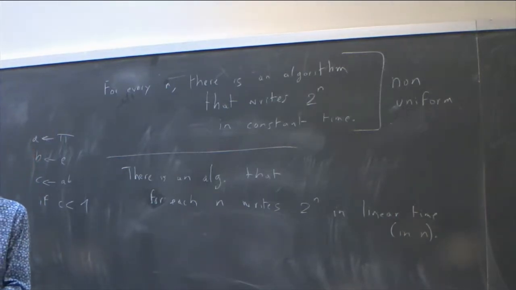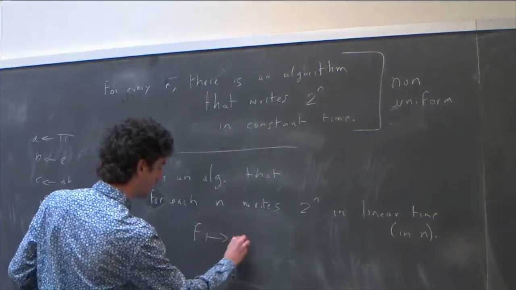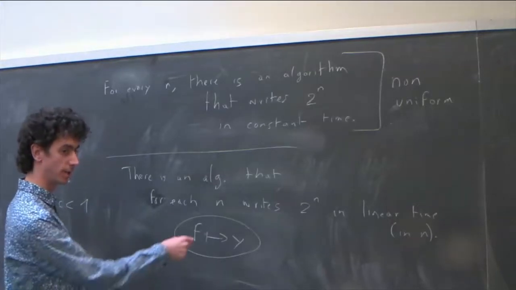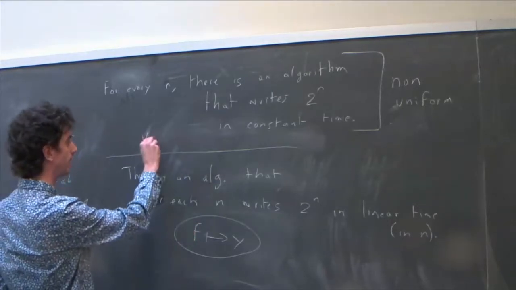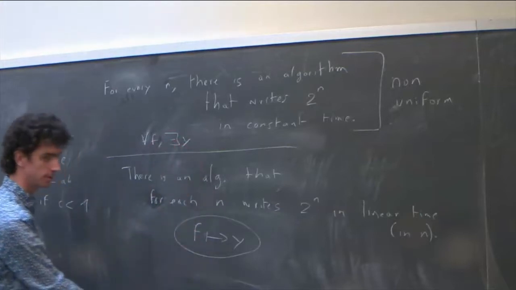That's the problem. Fundamentally, all those people are writing this. If we really want to study the complexity of the problem, we need to understand the algorithm that takes into account all the parameters. And when I mean the map f to y, it's like here. This is my algorithm. That's what I care about. This is like for every f, there exists a y. Completely different.